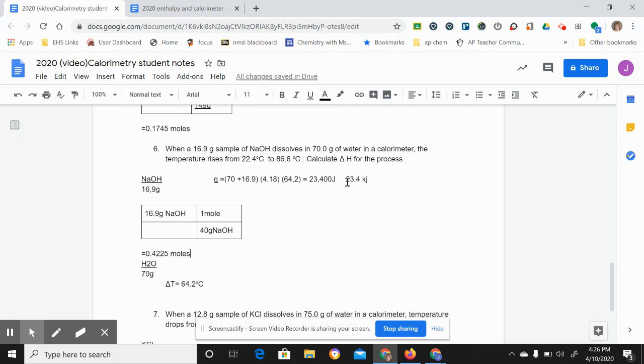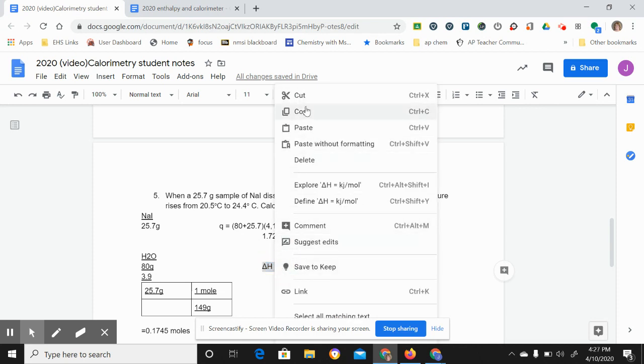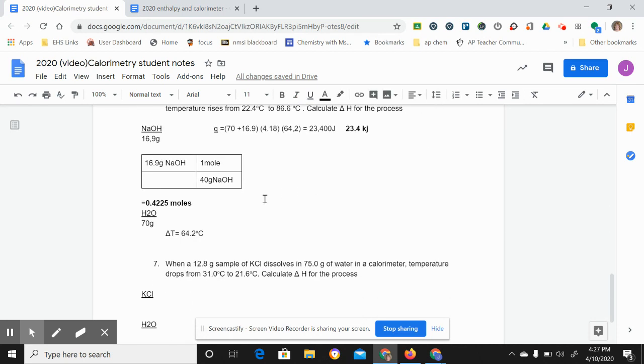Now we have our kilojoules here. We have our moles here. So now to get our delta H equation, our delta H is kilojoules per mole.